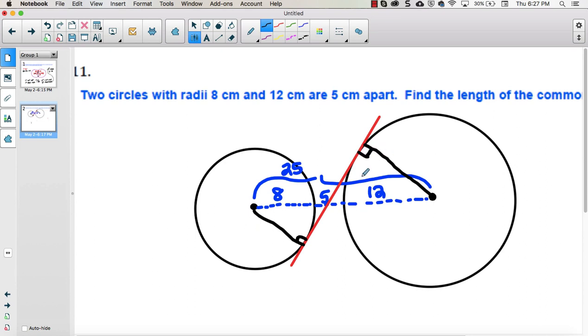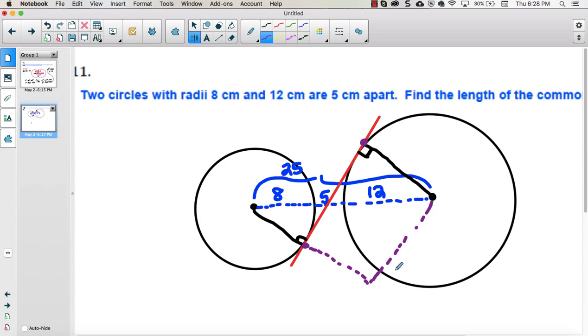Okay, so I somehow want to figure out a way to get either a triangle or a rectangle involved here so that I can use that 25 to help me find the length of the red side. Okay, so because I'm looking for the distance from here to here.